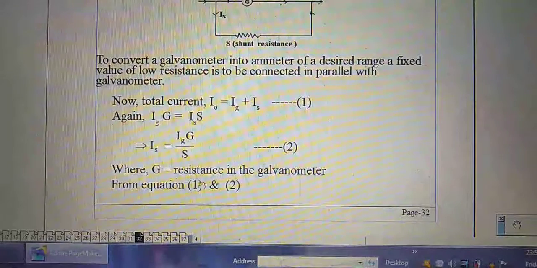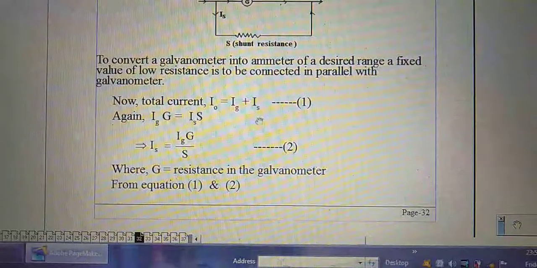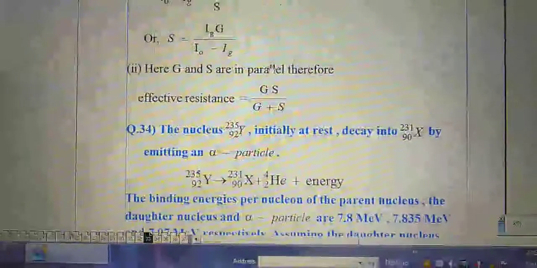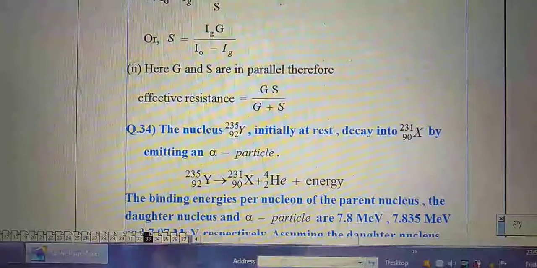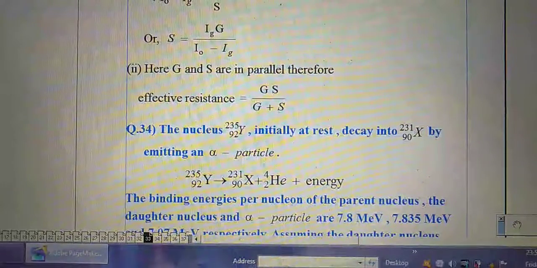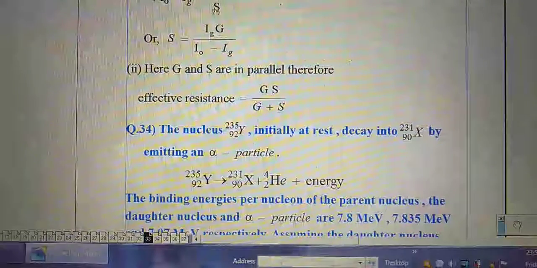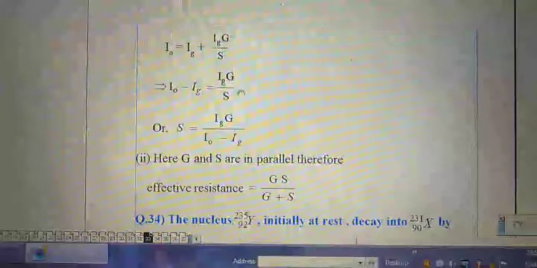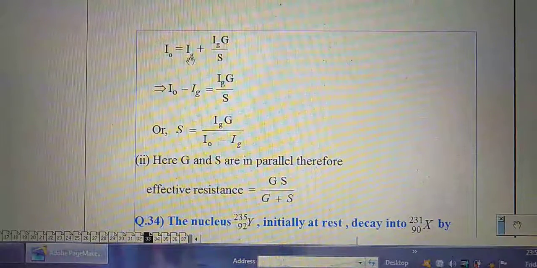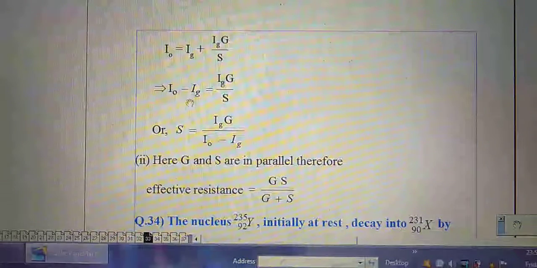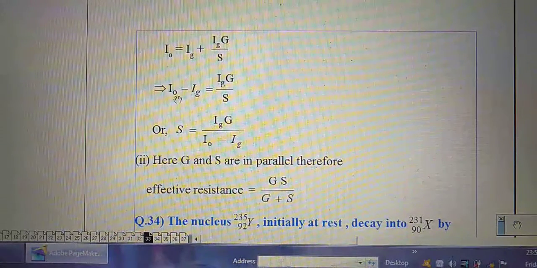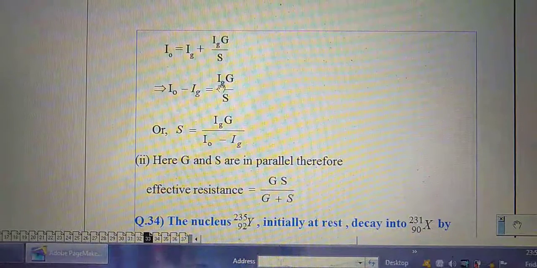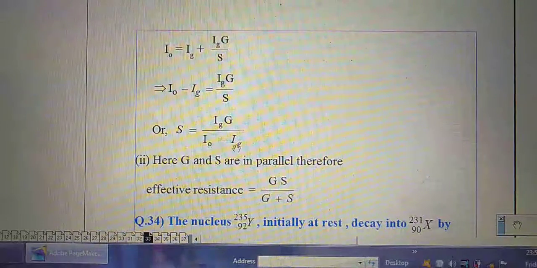So putting the value of Is in equation 1, I naught equals Ig plus Ig into capital G divided by S. Our aim is to find the value of S. See the calculation: I naught equals Ig plus Ig into G divided by S. So I naught minus Ig, then S equals Ig into G divided by I naught minus Ig.